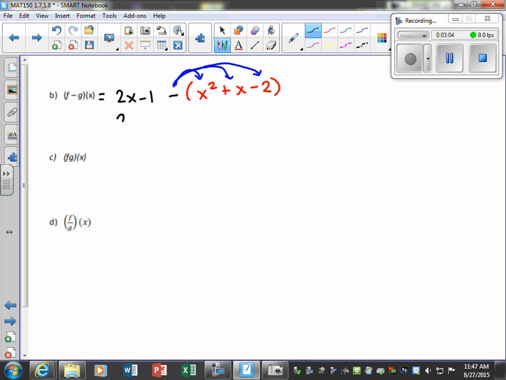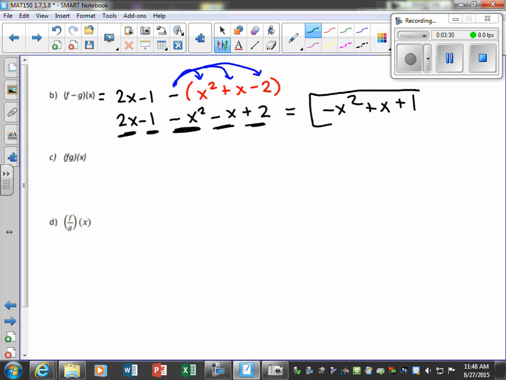So now I'm going to carry this down, and then I'm going to say negative x squared, distribute out that negative, minus x plus 2, and then we add like terms there, and we will get negative x squared here, 2x minus x is just x, negative 1 plus 2 is just 1. So this is our answer.